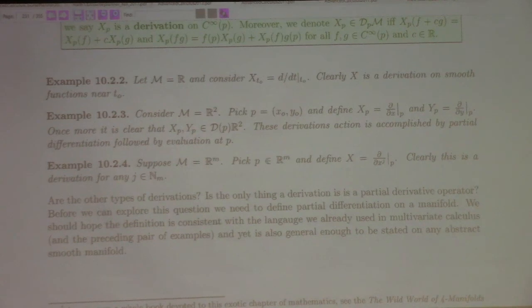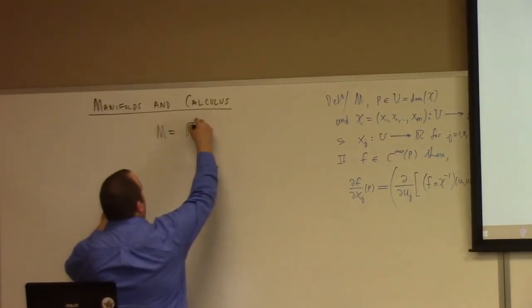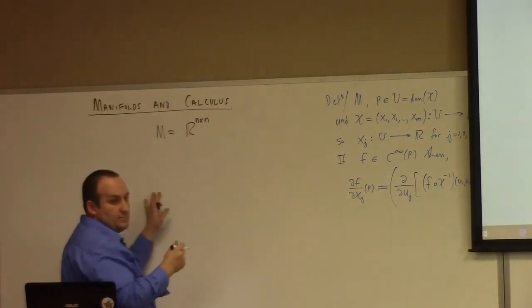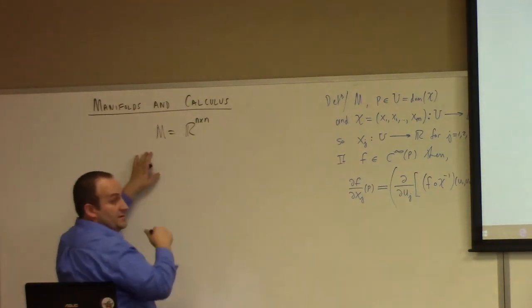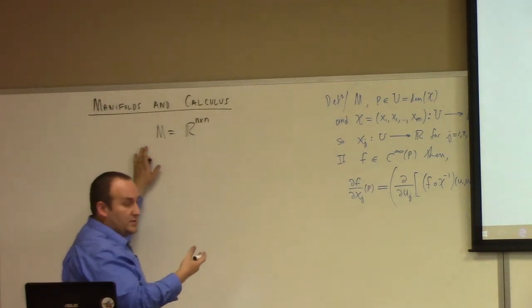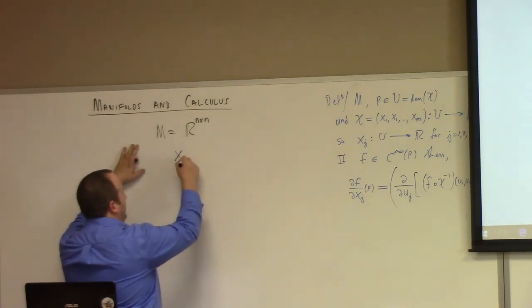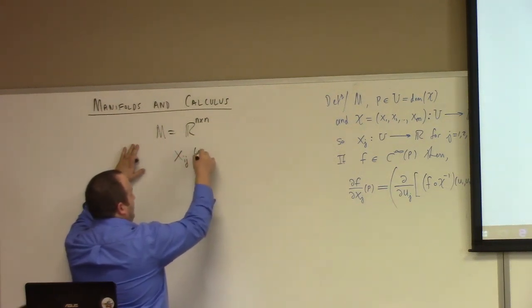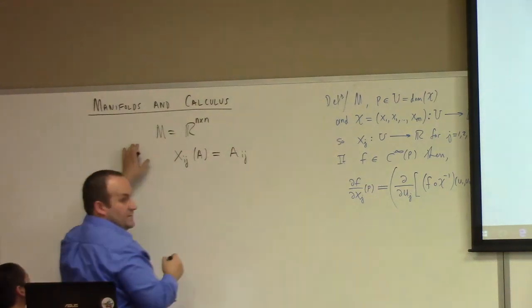I would add one to this, and this is part of the reason I wanted to do this with you guys. There's another manifold. How about this? R^(n by n), right? This would be a manifold, and any vector space is. We can use the global coordinate system. We could say x_ij, right? That takes in a point A, and what does it give you back? Just the components, right?